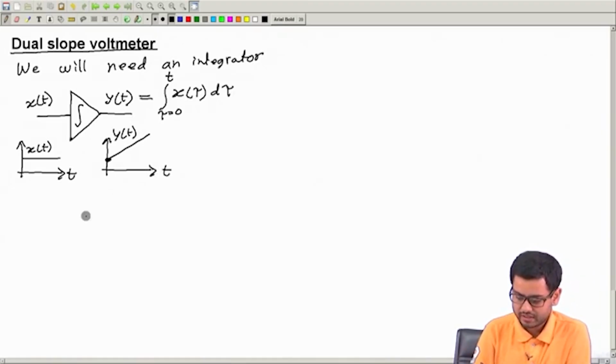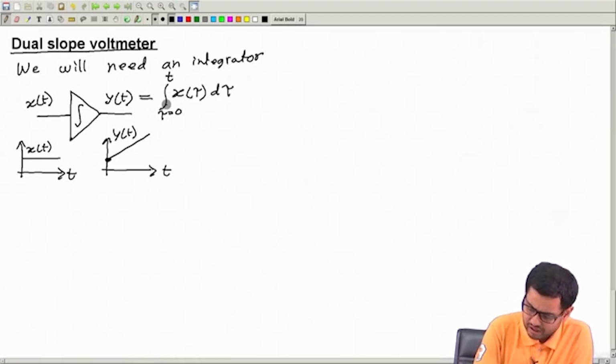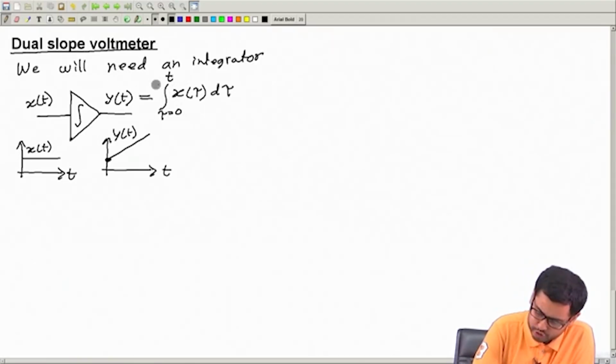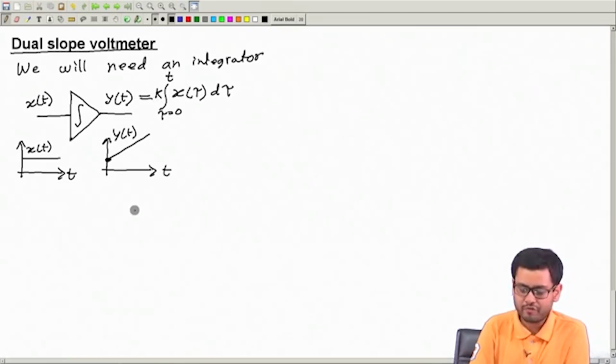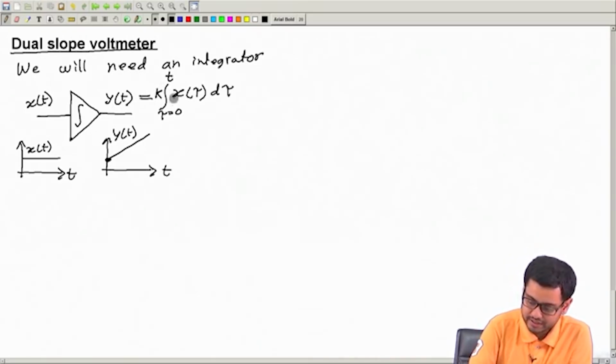In general, we can also have an integration constant. The output can also be this multiplied by some factor k. So, this is just a multiplication. It's possible that the output is k times x integrated over time.